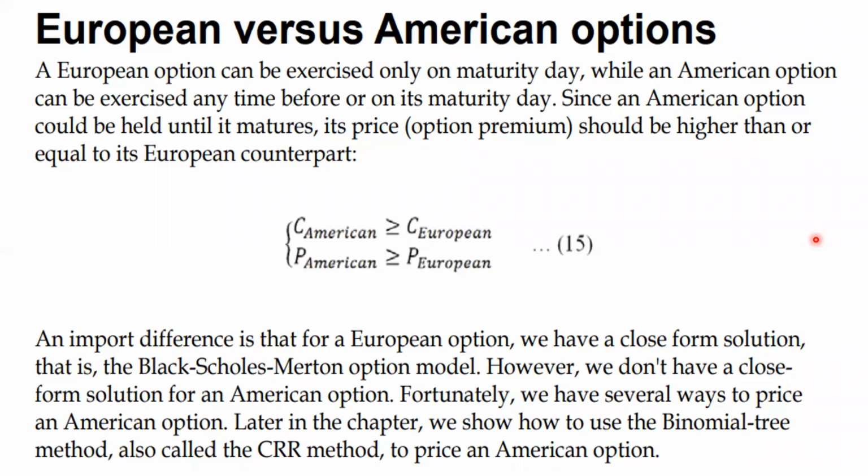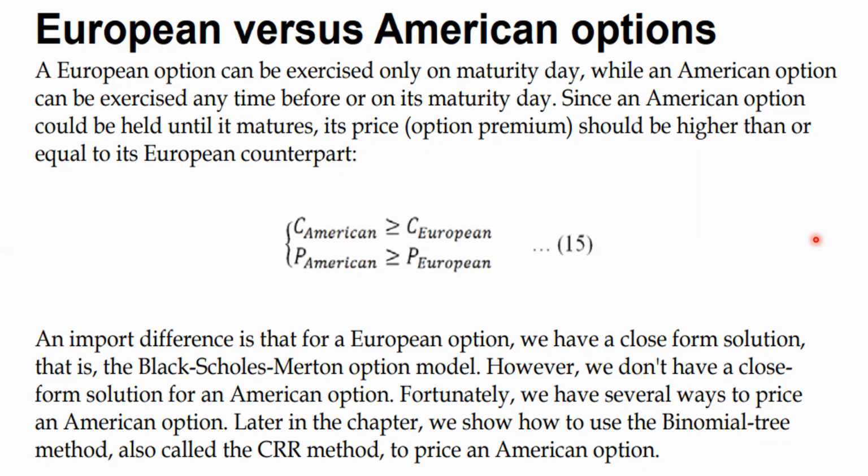A European option can be exercised, or you can either buy or sell, only on the maturity date. You are entering into a contract for 2 months in a European option, which means only at the end of the second month can you either buy or sell.